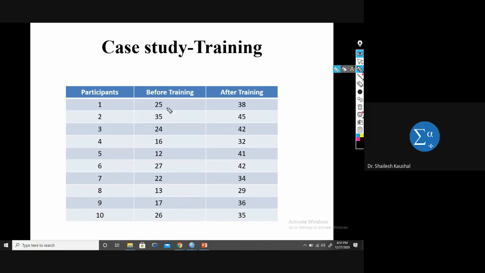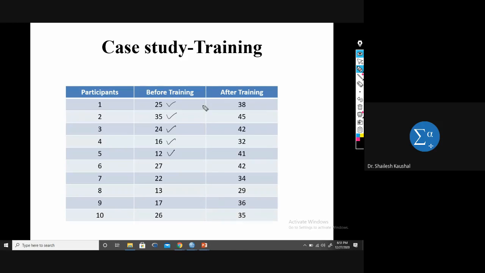Before the training program, the first teacher's attitude score was 25, and the second teacher's score out of 50 was 25, then 35, 24, 16.